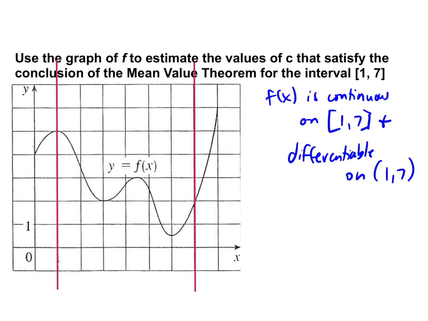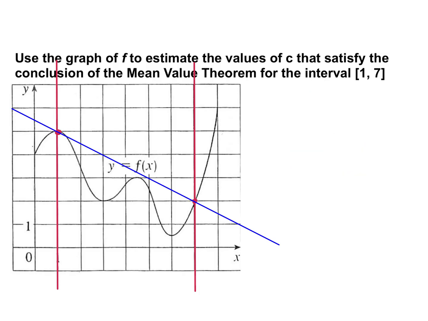So it meets the conditions. So what the mean value theorem states is that there's going to be at least one tangent line that is parallel to the secant line. The secant line is formed by connecting the endpoints. So here's an endpoint, here's an endpoint. I just need to connect them, and then I have the secant line. That looks like this.